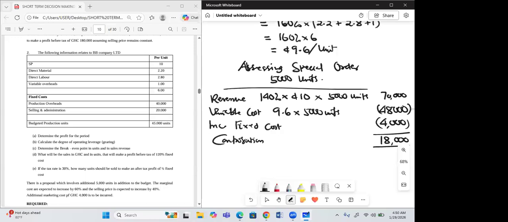So then you conclude that the decision will be that management must accept the special order.